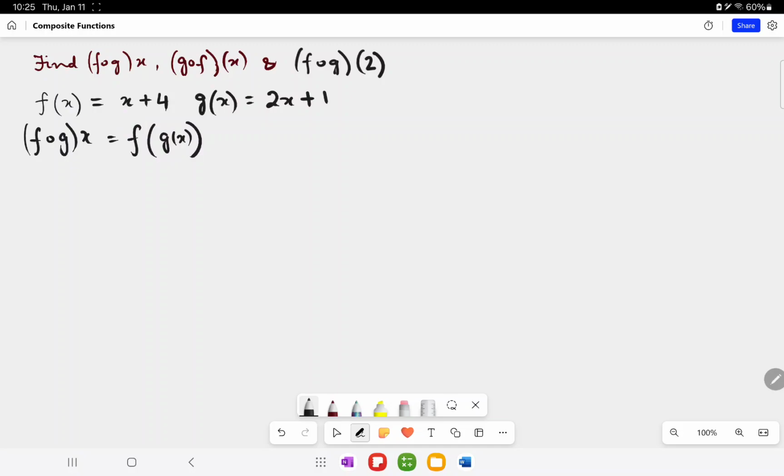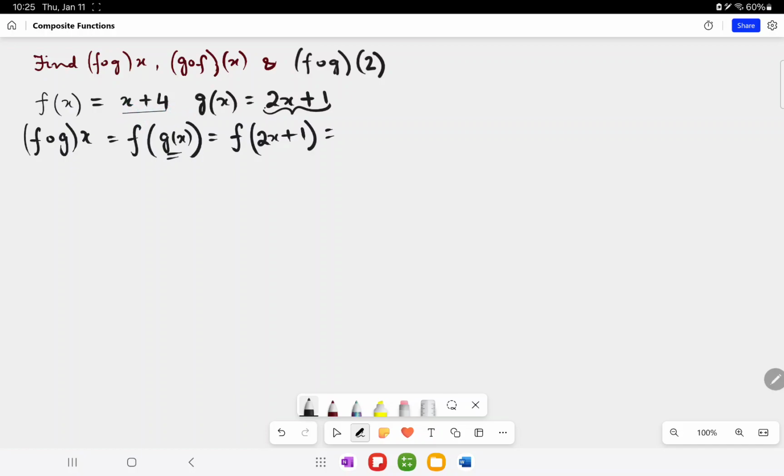All right, so it's the same as saying f of, what is the g of x function? It's 2x plus 1. So I'm going to replace the g of x here with 2x plus 1. The f of x function is actually x plus 4, correct?